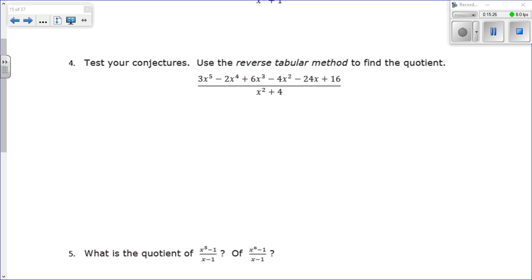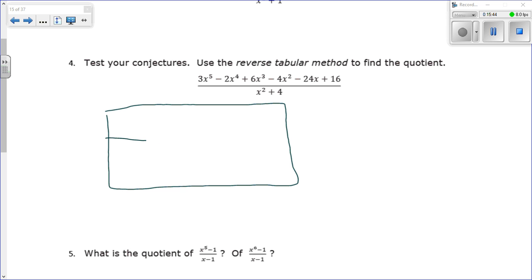Test your conjectures here. Use the reverse tabular method to find the quotient. So my highest power in the denominator is a 2, which means I need 3 rows because I need to do one more than that. And then the difference of my highest power is 5 minus 2 is 3 plus 1 is 4.